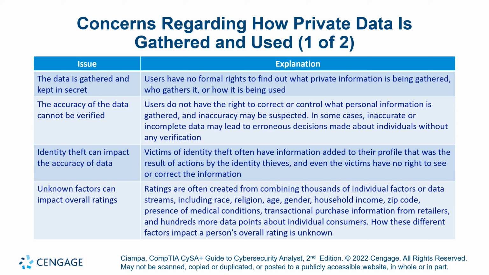How these different factors impact a person's overall rating is unknown. That is because, like, we have the 3 different credit bureaus. Each one of those credit bureaus uses different formulas. And it's like that when you deal with banks and credit unions. They also use different formulas. There is no standardization. It drives me nuts.